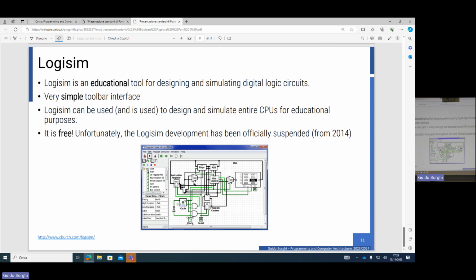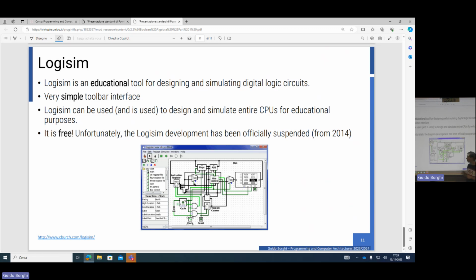Logisim is an educational tool to design and also simulate the behavior of digital logic circuits, in particular also the digital gates. As you can see here, you have a very simple interface. And I suggest you download Logisim, since next lesson you can recreate the content of the slides using Logisim.